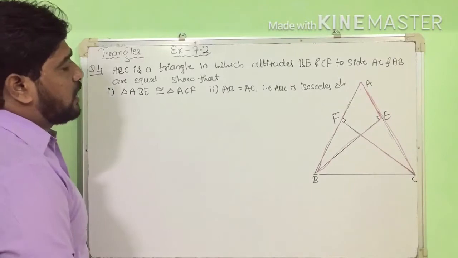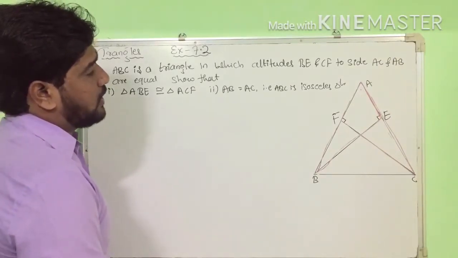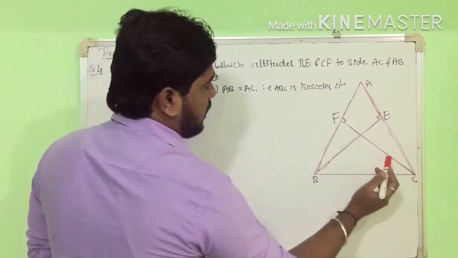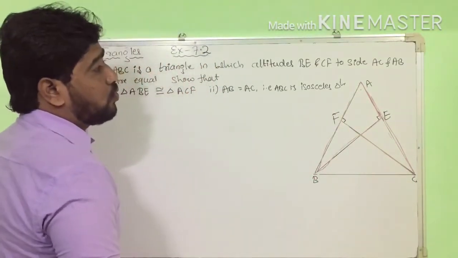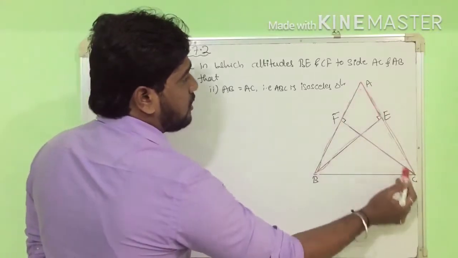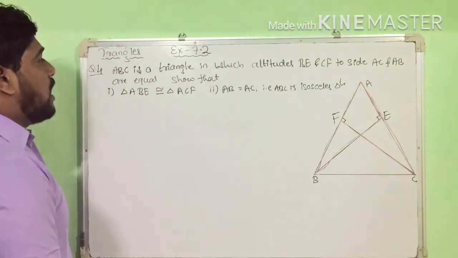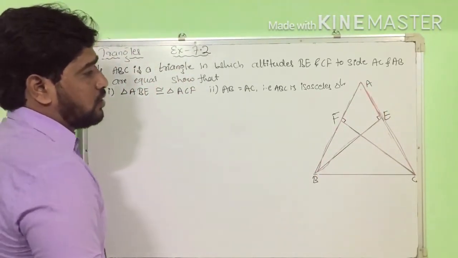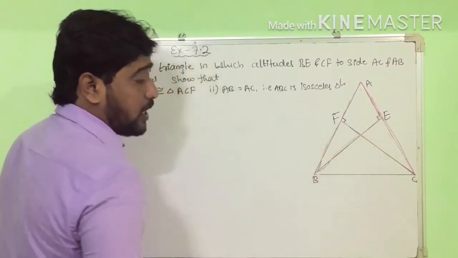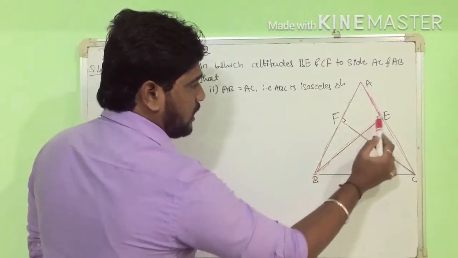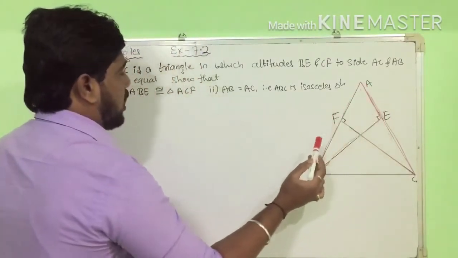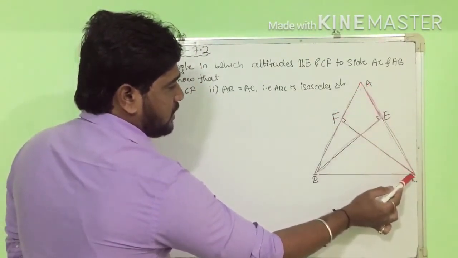ABC is a triangle in which altitudes BE and CF to the sides AC and AB are equal. Show that triangle ABE is congruent to triangle ACF.